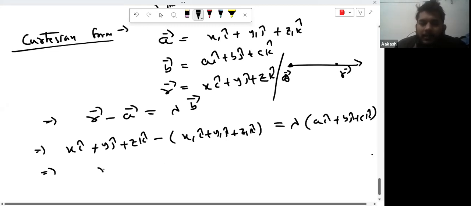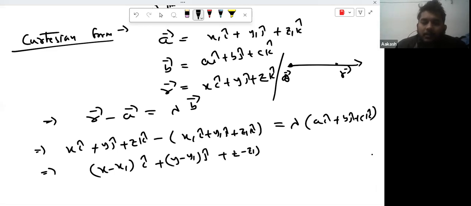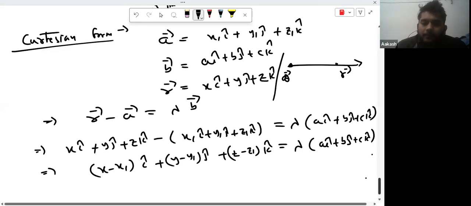If we simplify this, we'll get x minus x1 i cap plus y minus y1 j cap plus z minus z1 k cap is equal to lambda times a i cap plus b j cap plus c k cap.